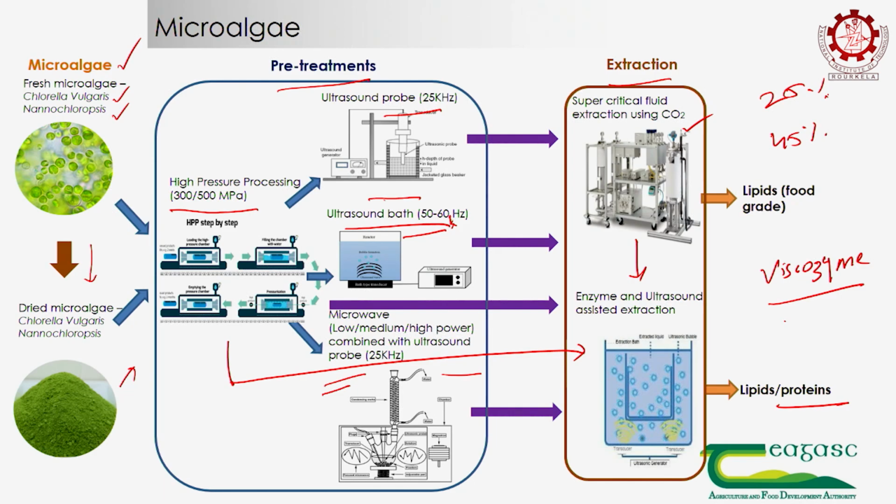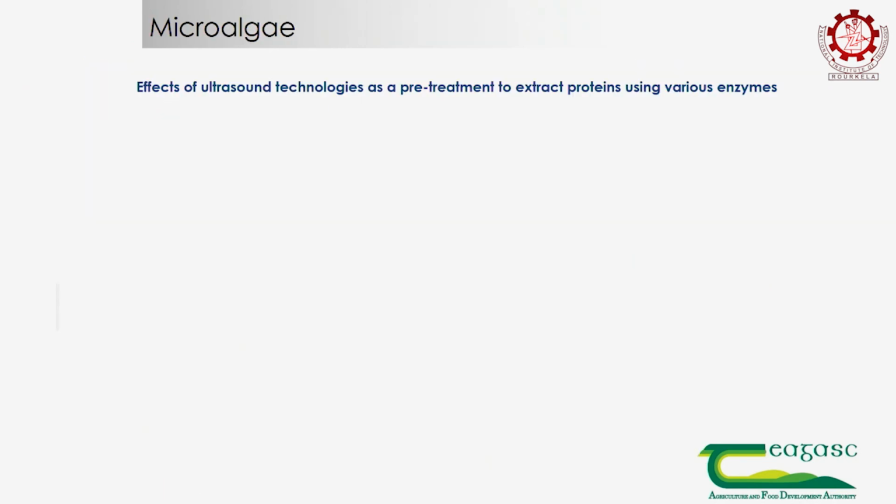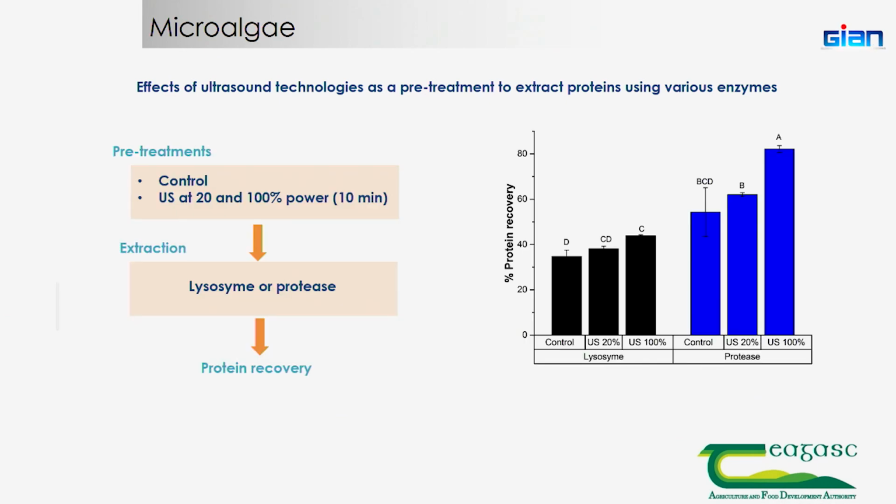So, now this will give you an example of how pre-treatment works. This very simple experiment, which you saw in the previous slide, was all different combinations. This was carried out on Chlorella vulgaris, normal system, 20 or 100% power for 10 minutes.